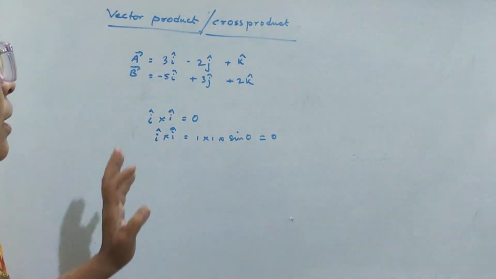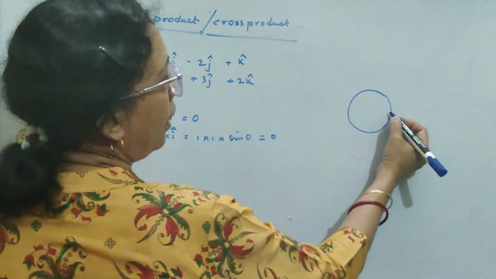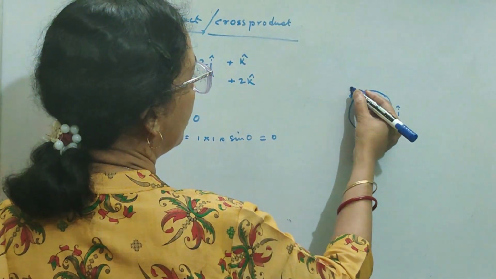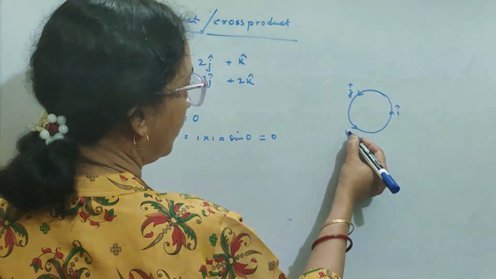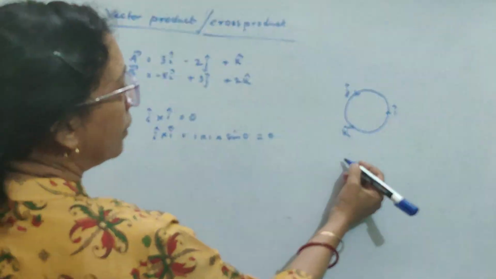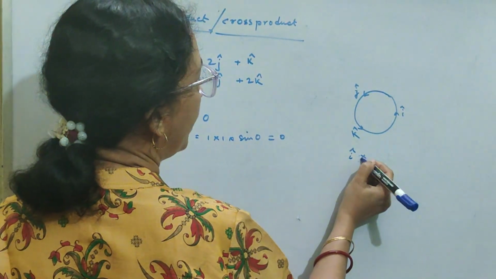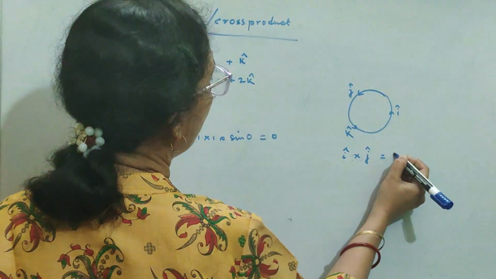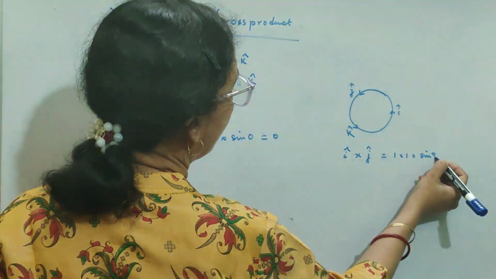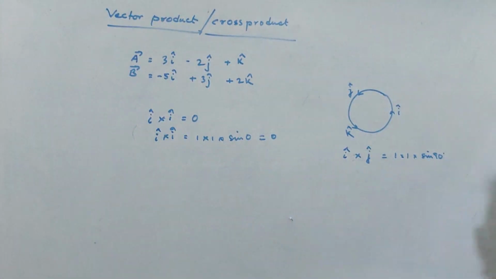Now for the directions, we use a simple rule. We draw a circle and draw 3 arrows on it with the 3 unit vectors i, j, k. Now when you find the cross product of i and j, you get 1 into sine 90, and the direction will be k, perpendicular to both i and j.